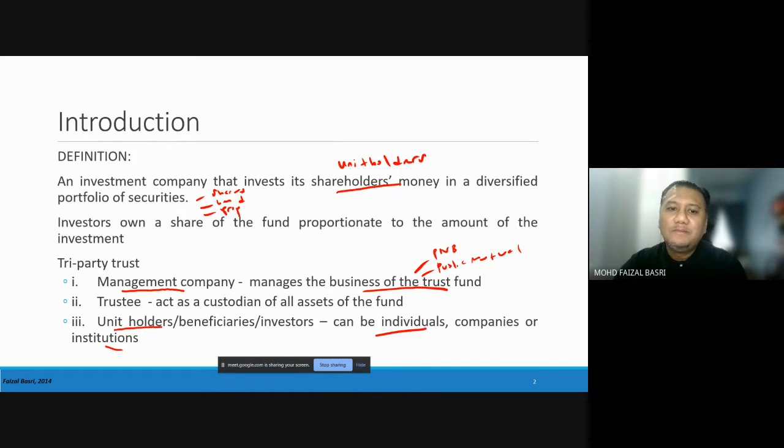And who basically oversee the whole operation ataupun how to ensure that the nature of transaction ni berlaku dengan adil and smoothly, we have the third party, which is the trustee, pemegang amanah. So the function of trustee is to act as a custodian of all of the assets, and basically they will act on behalf of the investors.